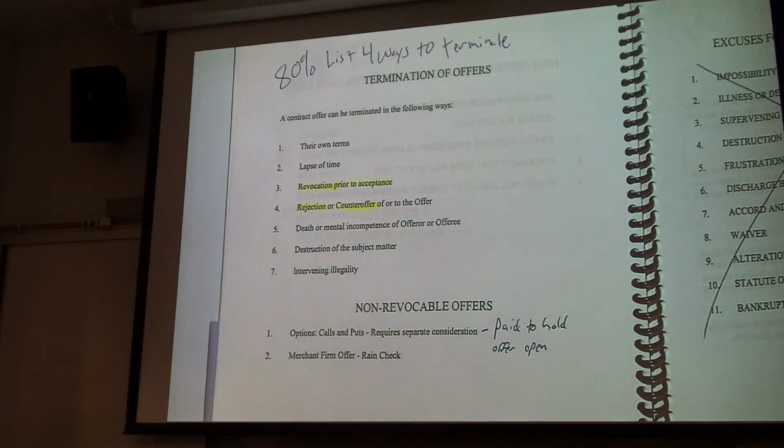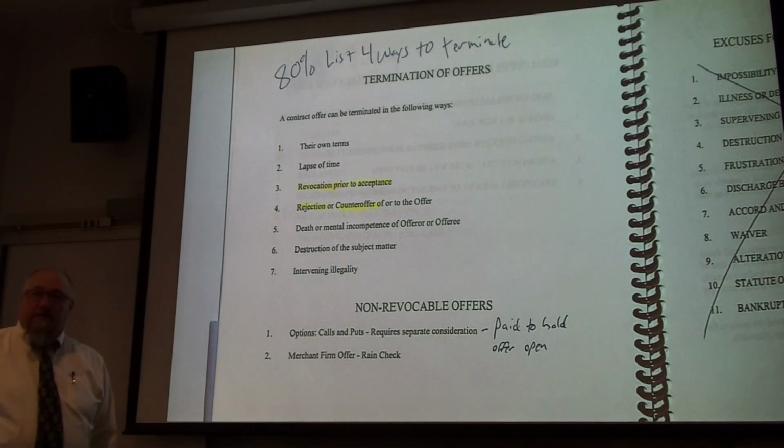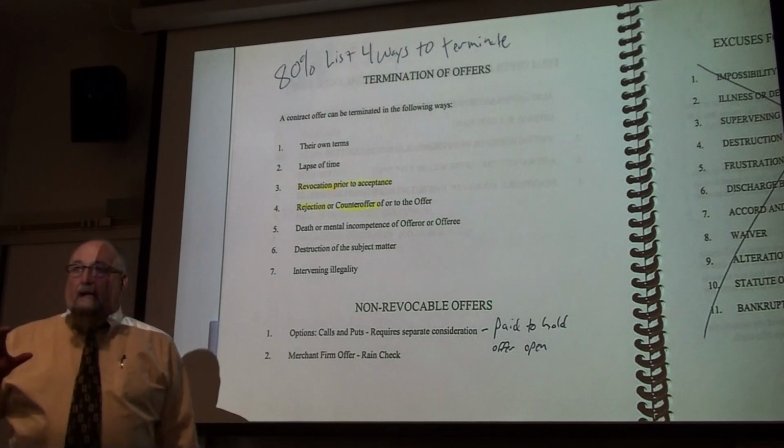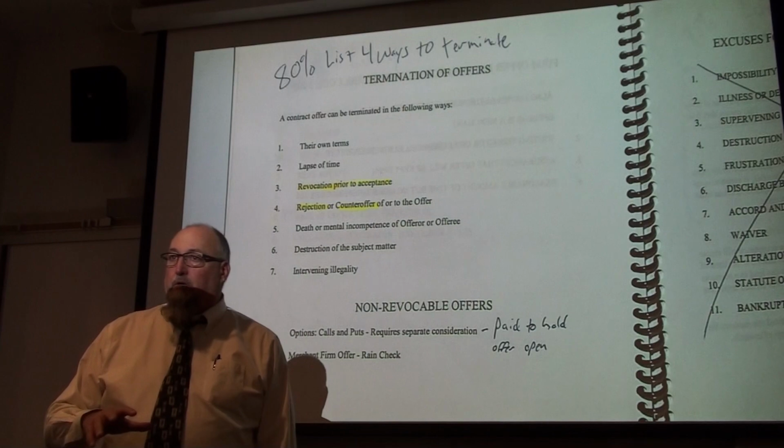So long as you have not made an irrevocable offer, and somebody has not accepted, you can change your mind and pull the offer. Now with that said, down below here, there are times when an offer has to remain open and you cannot revoke the offer.